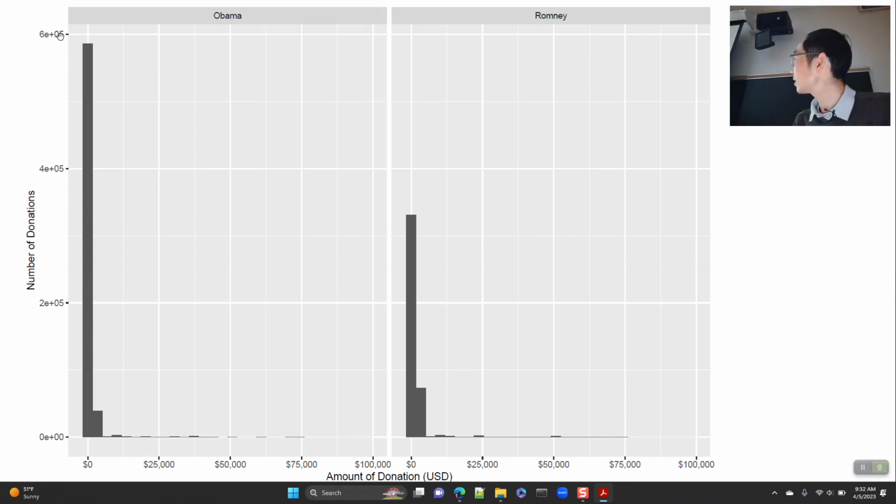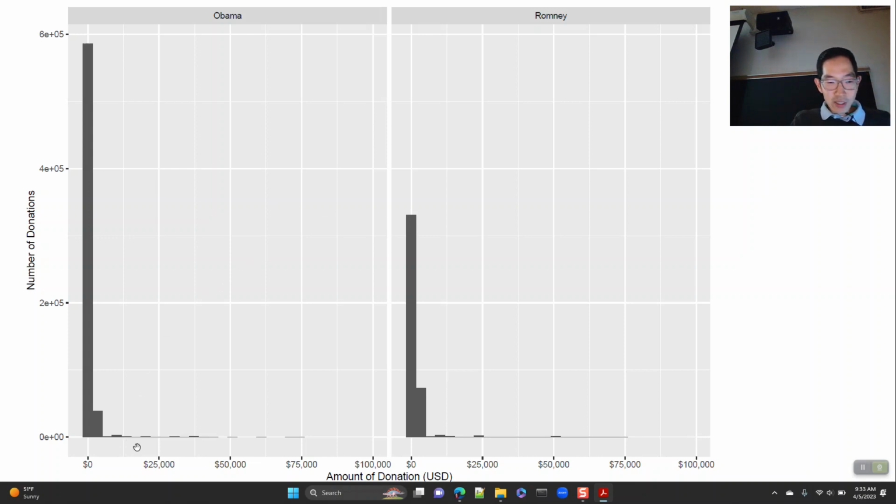I don't know if you're familiar with reading scientific notation. 6E05 means 6 followed by 5 zeros, so 600,000. So we're seeing this first column around 0 means 0 to however much money. There's close to 600,000 donations of that. Romney had around 300-something thousand donations.